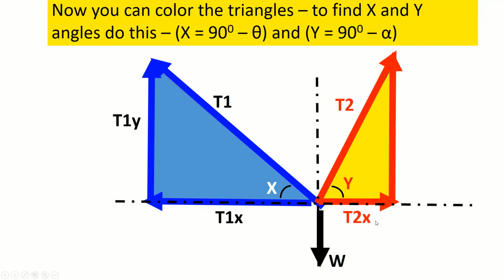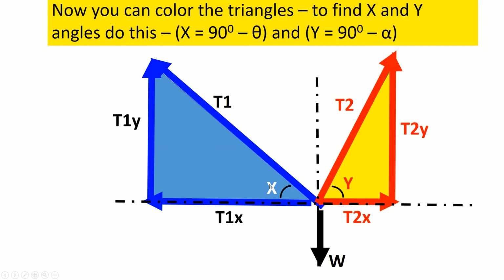The horizontal component for tension 2 is T2X, and the vertical is T2Y. Now notice that we calculated previously the angles theta and alpha, but we are actually using these angles X and Y.